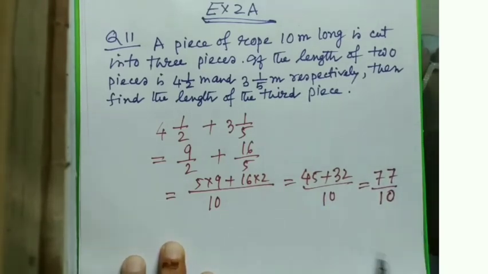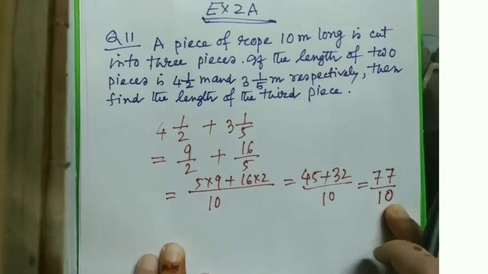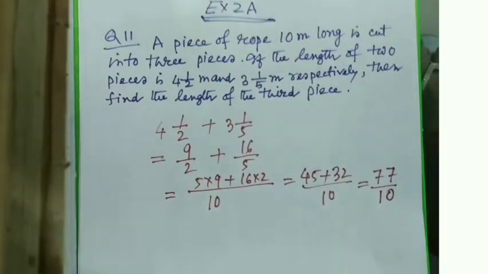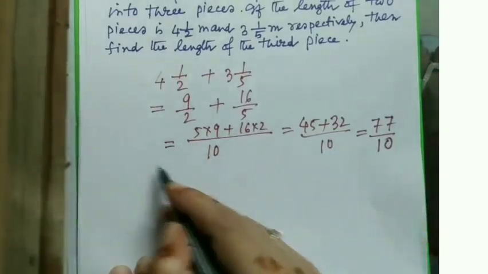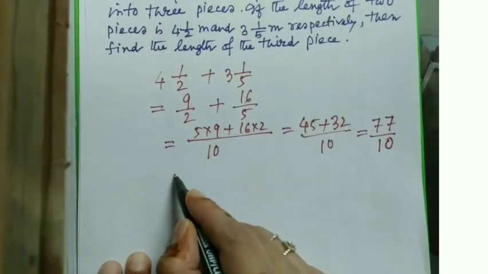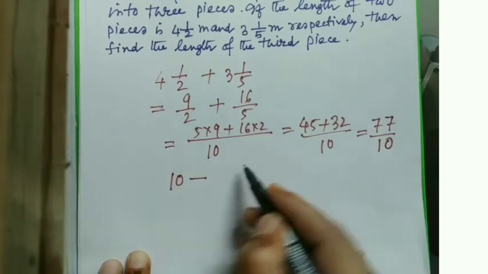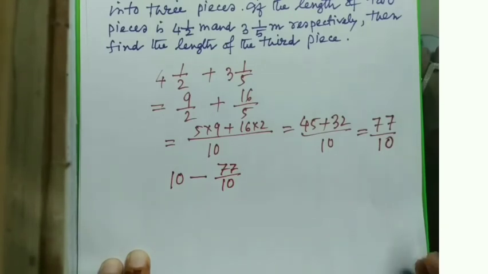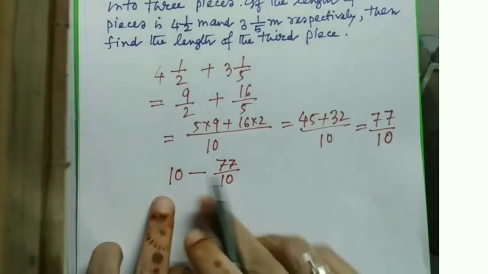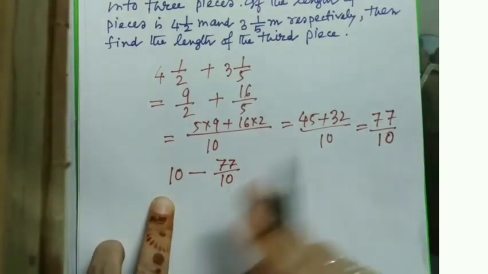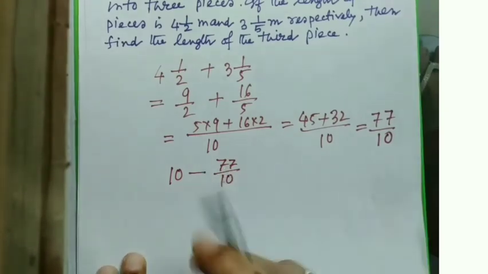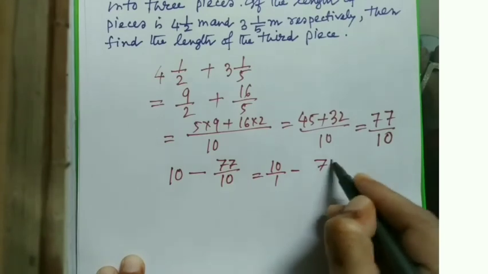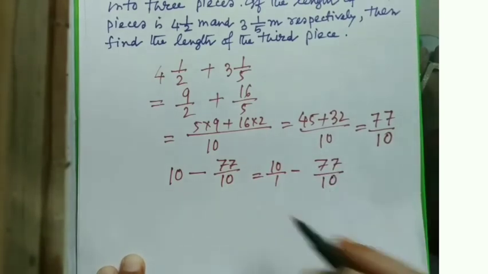Now our sum is not completed yet, so I am not converting it again into mixed fraction. Now our next part is to subtract this from 10 meter, that is the full length of the rope. So I am doing 10 minus 77 divided by 10. As we know, the denominator of each whole number is 1. So we can write this is equal to 10 divided by 1 minus 77 divided by 10.